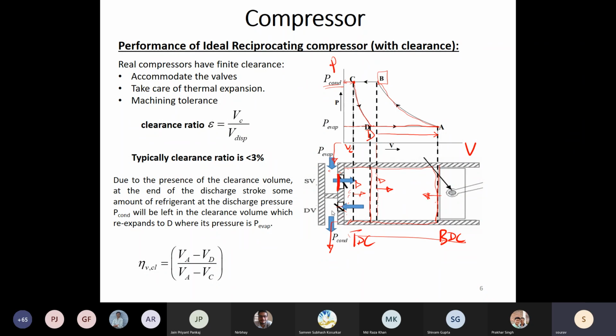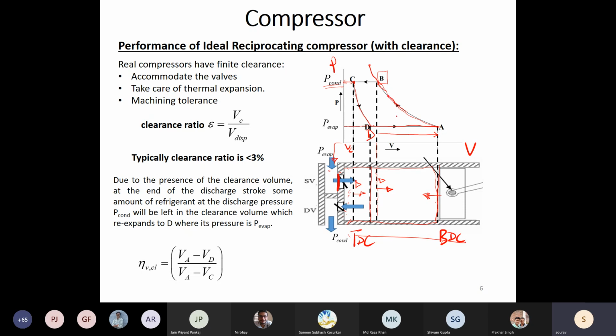Now when this discharge valve opens depends on the back pressure given by the condenser. If you have a higher condensing pressure, the compression process will happen all the way till this position. If you have a lower condensing pressure, the compression will happen only up to this location.